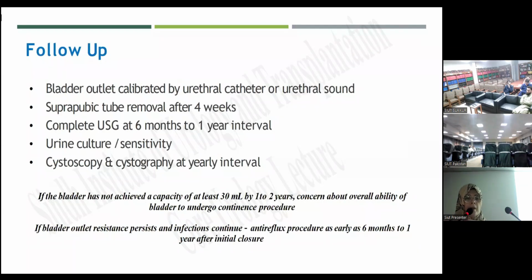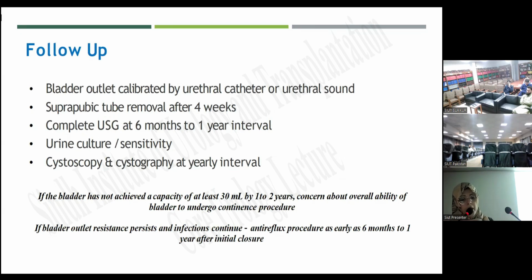In follow up, the bladder outlet is calibrated by urethral catheter or urethral sound. The suprapubic tube is removed after 4 weeks, and a complete ultrasound at 6 months to 1 year intervals is needed. Urine cultures are performed, and cystoscopy and cystography are done at early intervals.